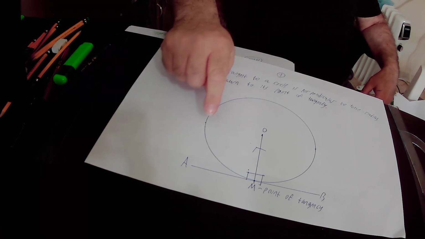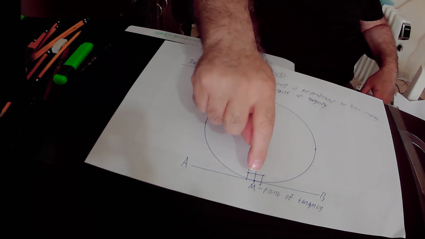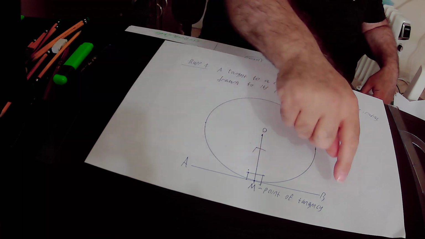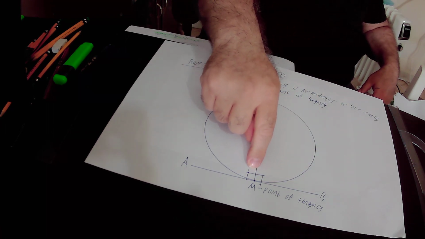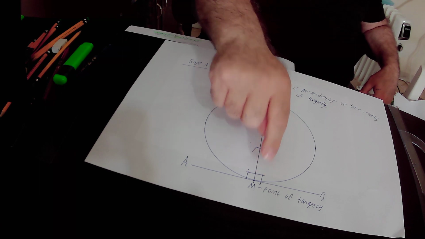Therefore, the tangent AB will be perpendicular to the radius MO. AB is perpendicular to MO, that is to say this angle will be equal to 90 degrees and this angle will be also equal to 90 degrees.